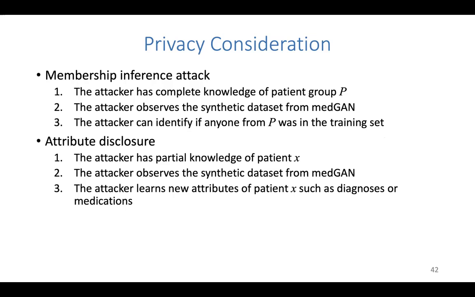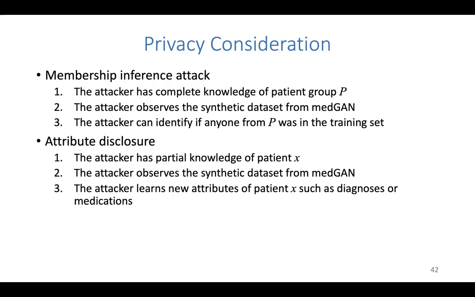And another, a bit more interesting attack is attribute disclosure. Here the attacker has partial knowledge of patient X. For example, the attacker is a friend of John, and knows that John has had a heart failure in the past year, and also had hypertension in the past year.